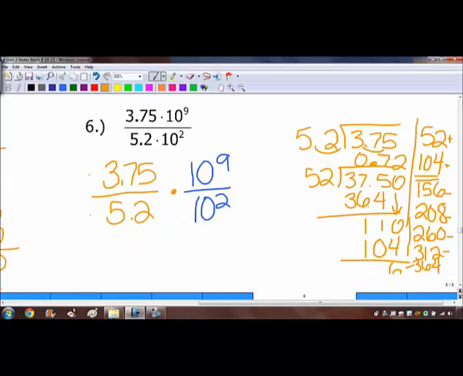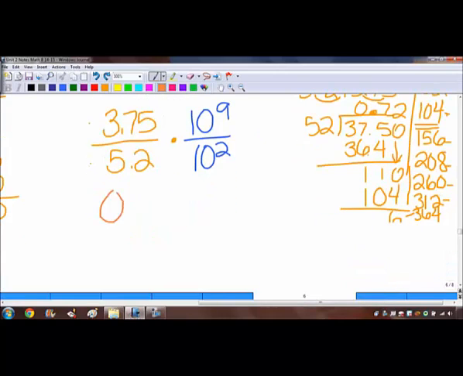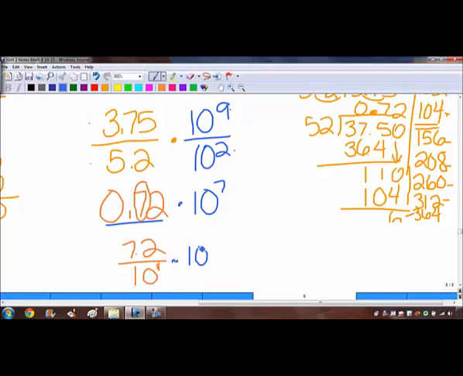We're not going to keep going with it. 0.72 is sufficient for right now. So I end up getting 0.72 times 10 to the 7th power, because 9 minus 2 is 7. Now this number right here is not between 1 and 10, so I'm going to adjust it. This is the 10th place, right? So it's 7.2 out of 10, right? 10 to the 1st power times 10 to the 7th power.